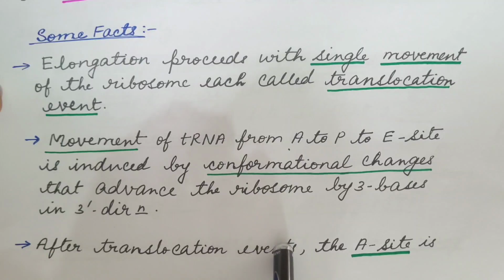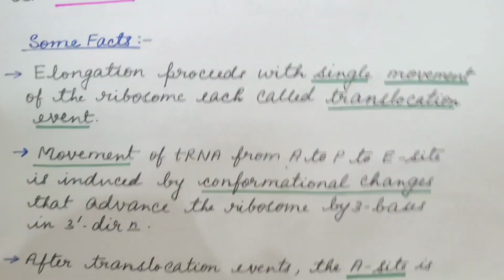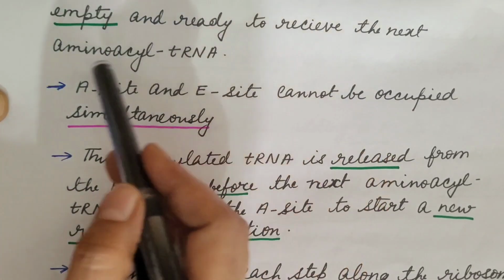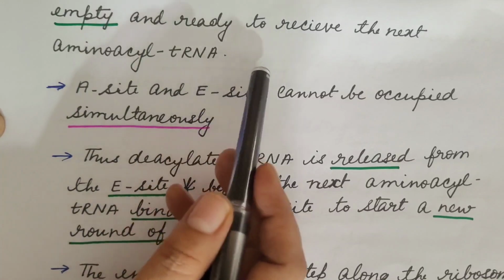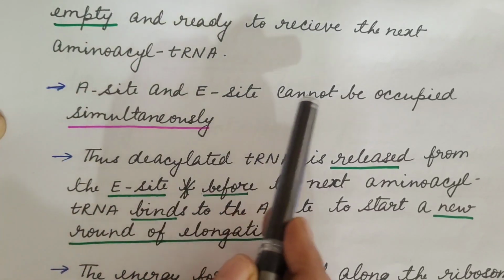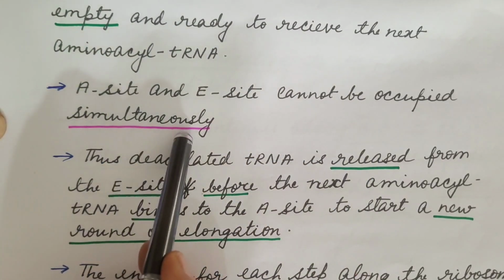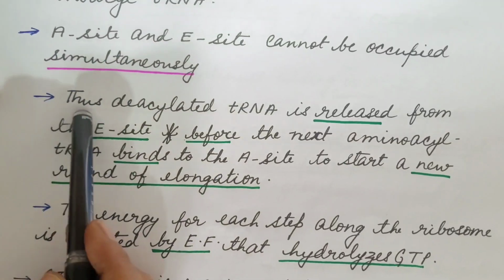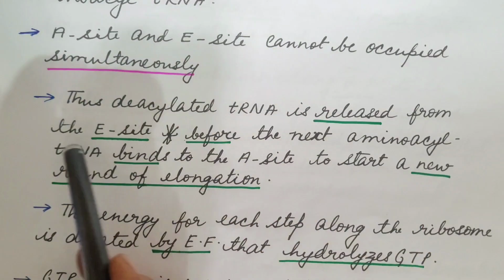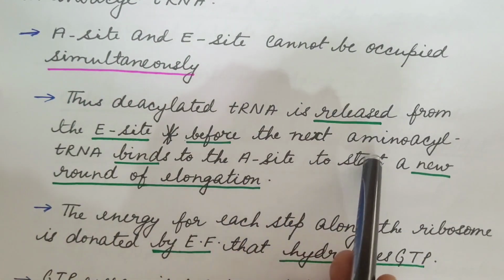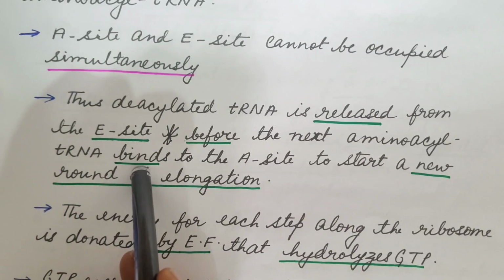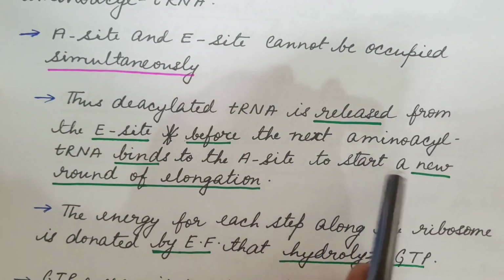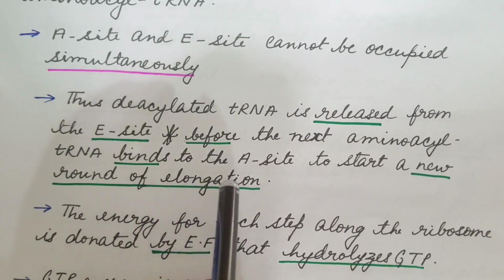After translocation events, the A site is empty and ready to receive the next aminoacyl transfer RNA. A site and E site cannot be occupied simultaneously. Thus, deacylated transfer RNA is released from the E site before the next aminoacyl transfer RNA binds to the A site to start a new round of elongation.